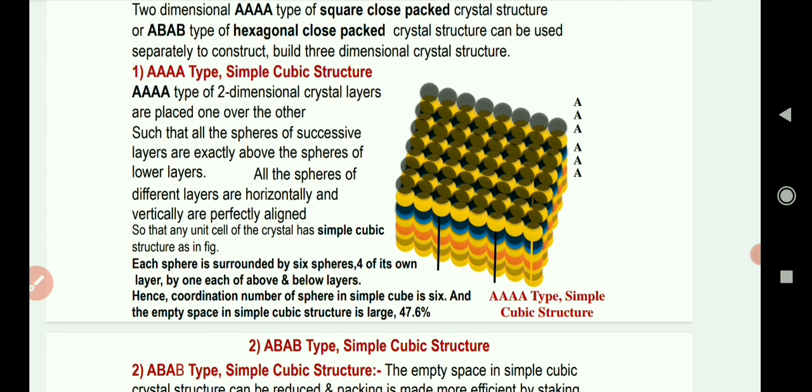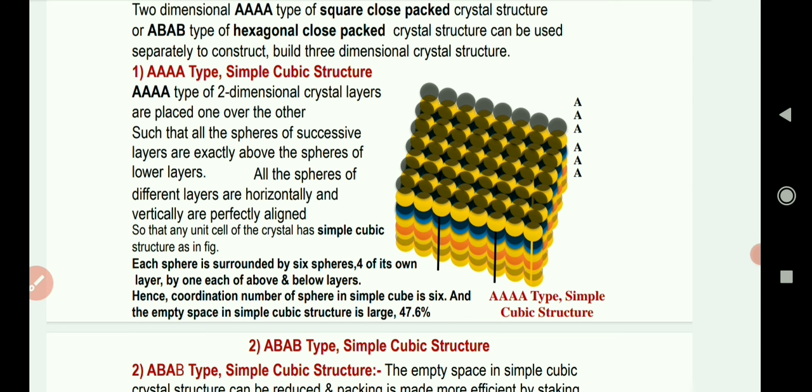Here the spheres of all the layers, when you keep on placing new spheres one above the other, form a cube-like structure.